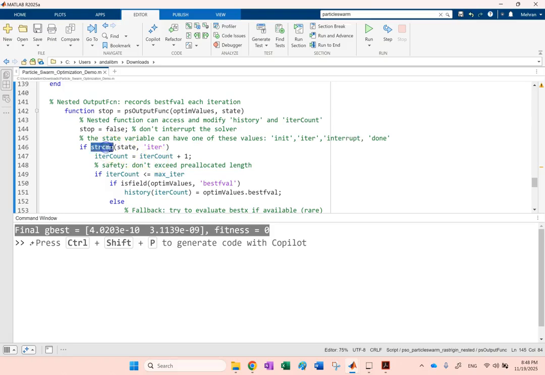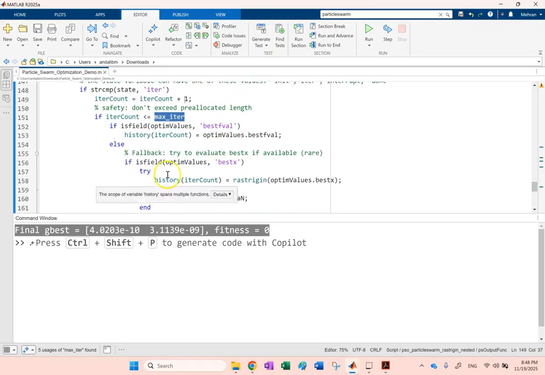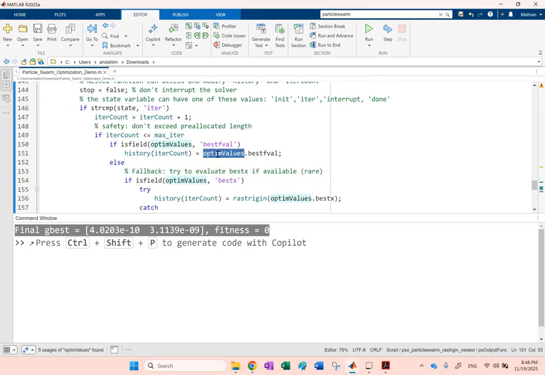So it says if the state compared string is iter, which means your state is in the iter position, then go ahead and add to the iteration counter. And then if it's less than the maximum iteration, go ahead and get the optimum values dot best val and save it into this variable called history. And history is what we're going to plot.